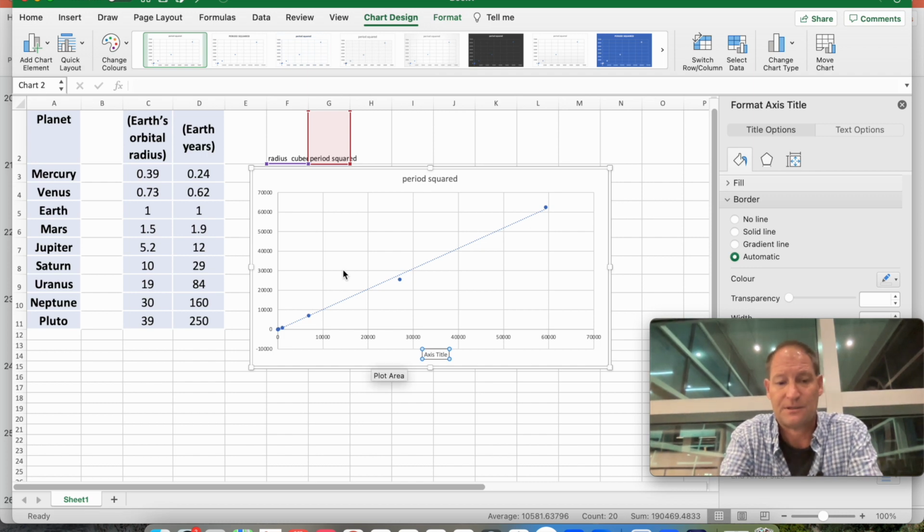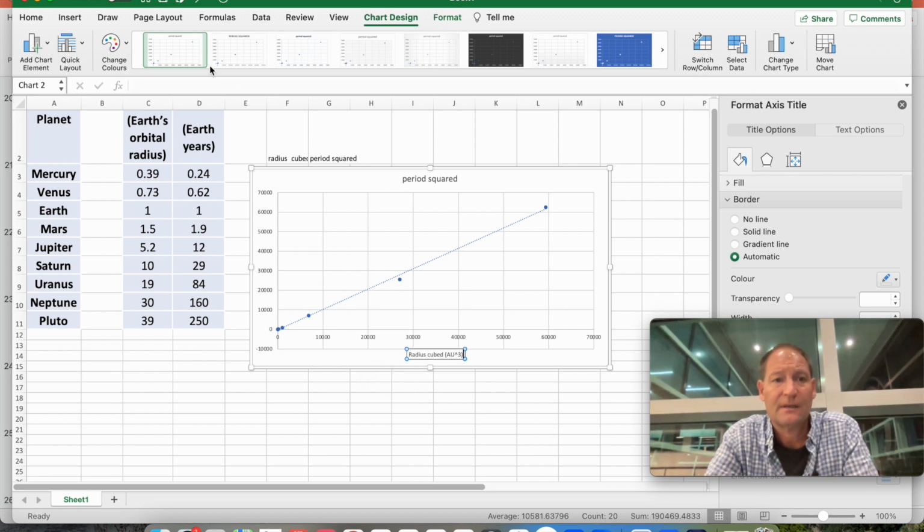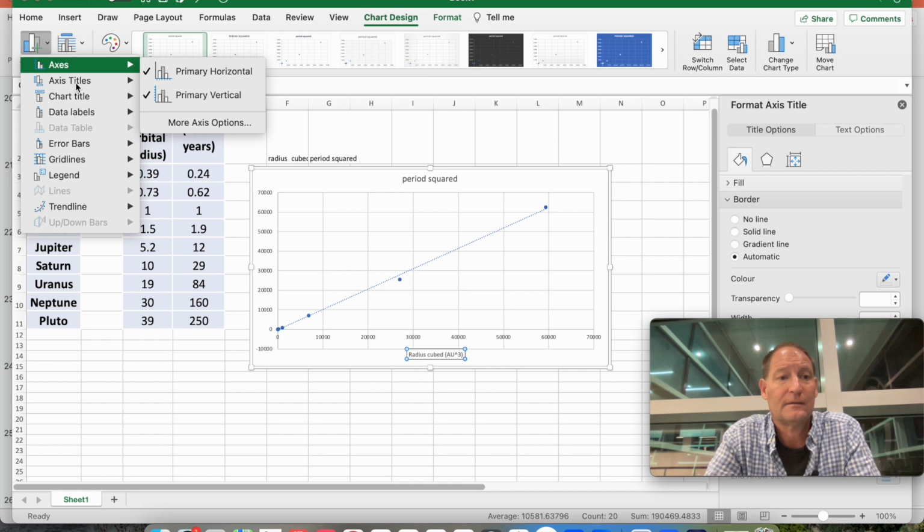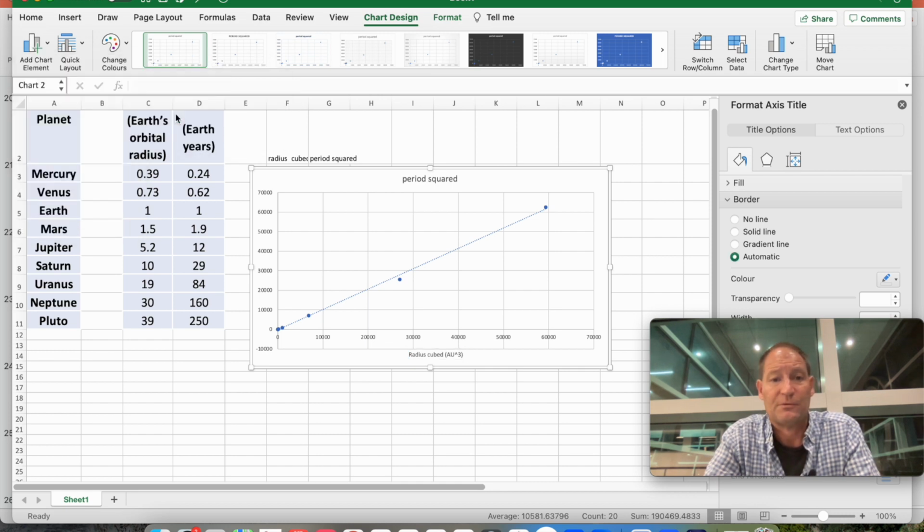So this is radius cubed. So that is a u cubed. Label the vertical axis.